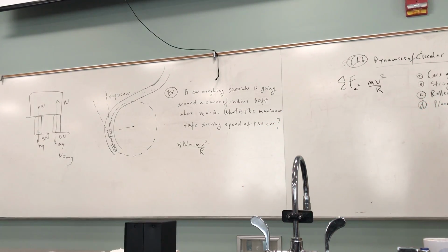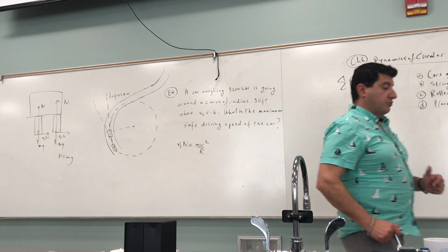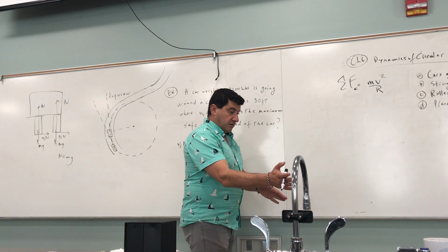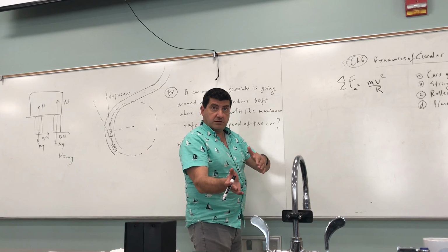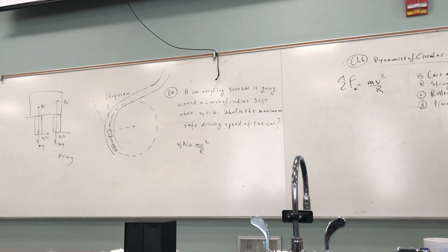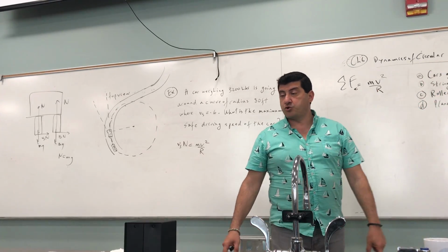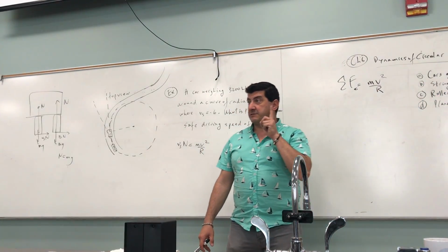But if I'm going slow, the friction force is not equal to its max. But if I really run and turn, what's the maximum that I can run and turn? Then that's equal to the maximum friction that can be supplied.